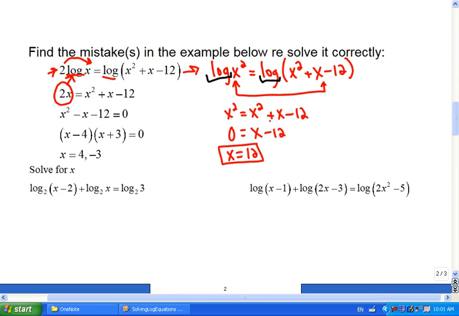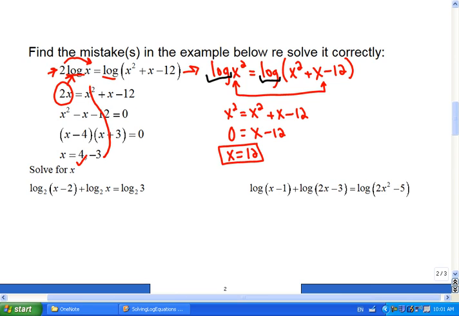Okay. There's another problem with this person's work. If we looked a little further, you'll see that 4, if I substitute 4 in, no problem there, and no problem when I substitute it in there. So 4 is good. But there's also a mistake here that -3, well, it fails right on its first try.